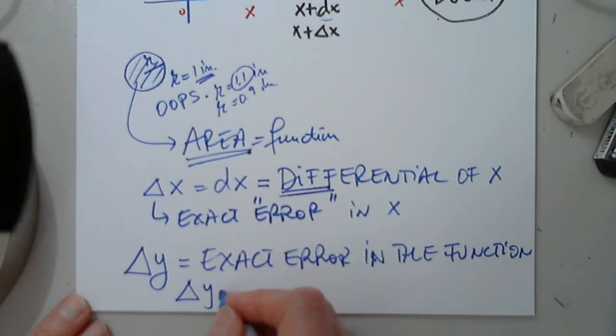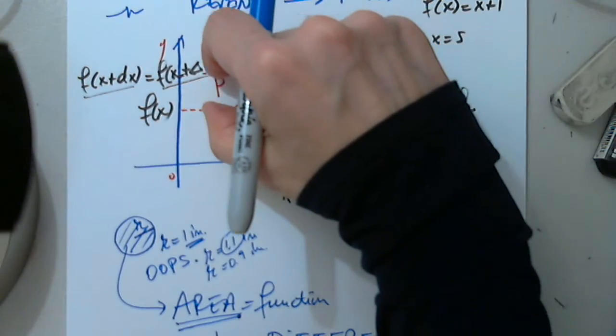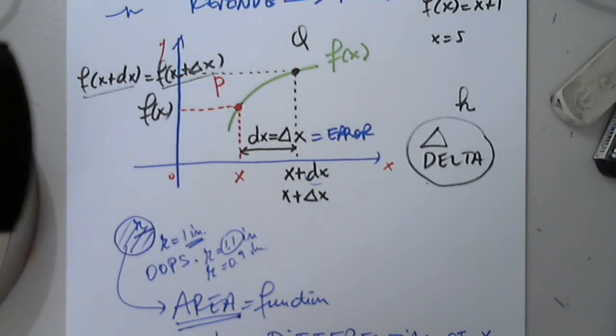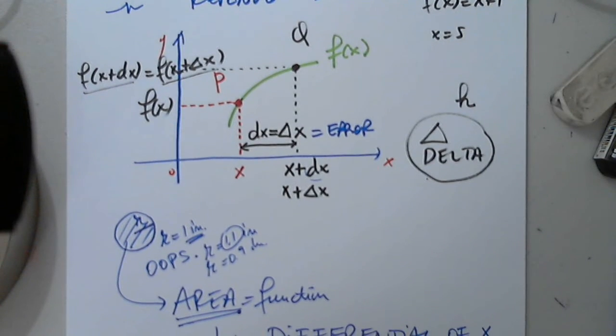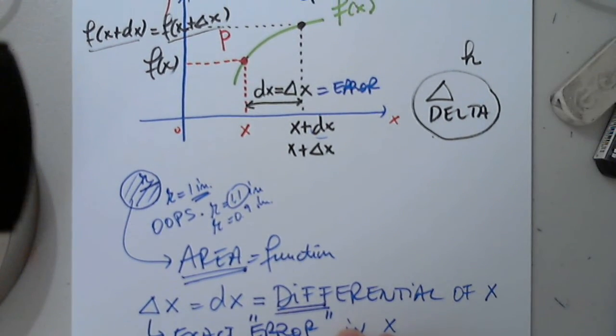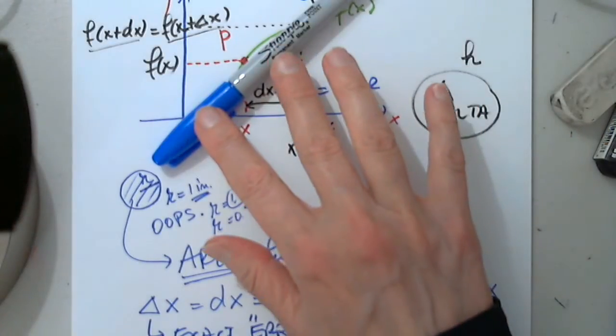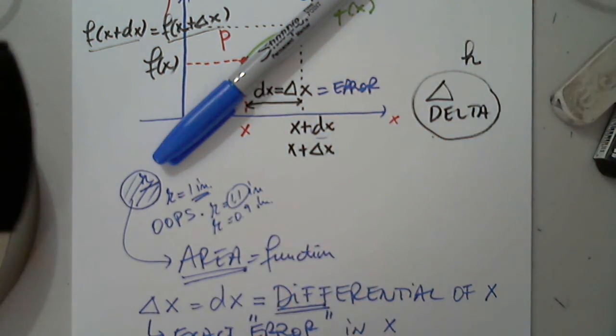And delta y, can anyone try to tell us what is delta y equal to? What do you think? Think in terms of finding the slope of this, the same idea. We're not finding the slope, but what I'm saying is, think in those terms.